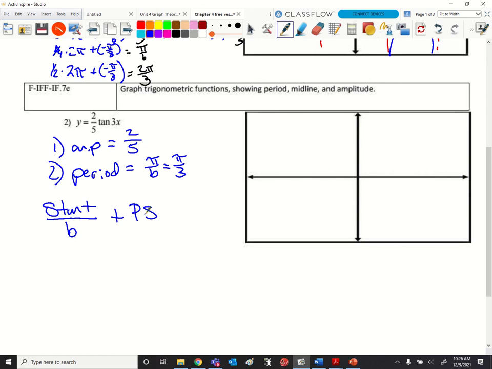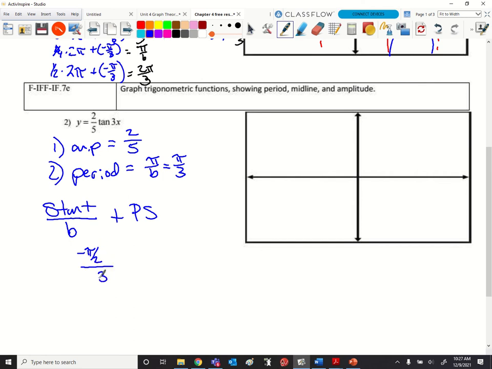When it's tangent or cotangent, it's pi over b. So start divided by b plus phase shift. Now, what is the start for tangent? Negative pi over 2. Very good. So we have negative pi over 2 divided by b, which is 3.